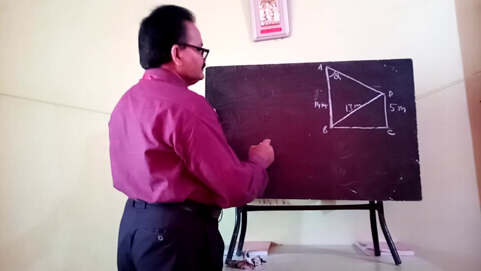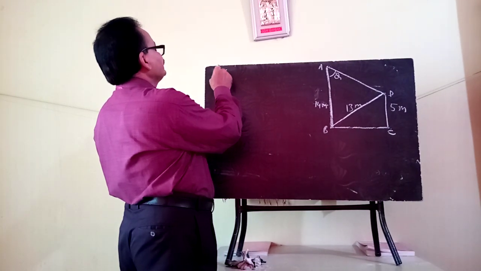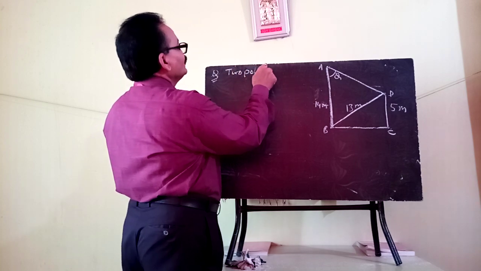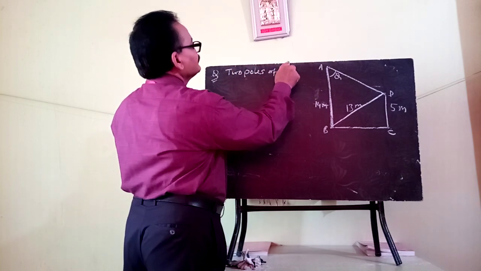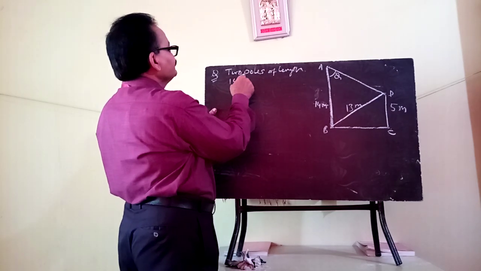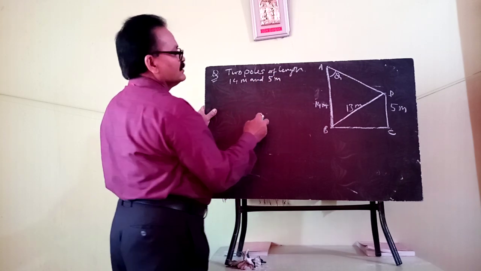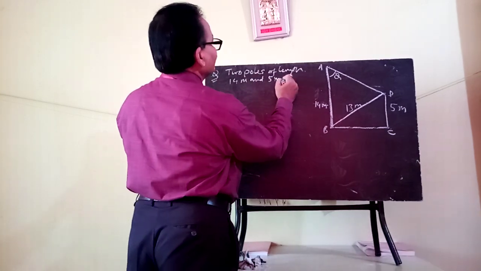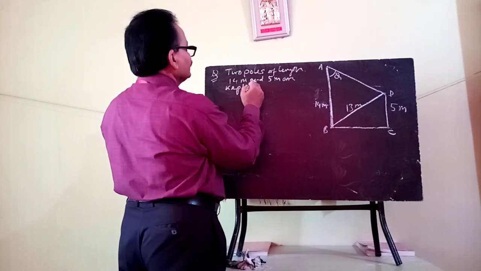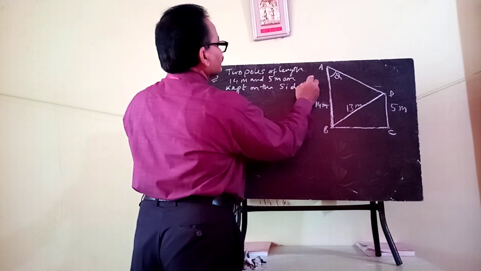So find, in this question, two poles of length 14 meter and 5 meter are kept on the side of a road.